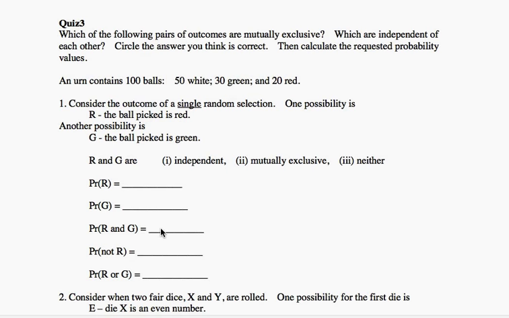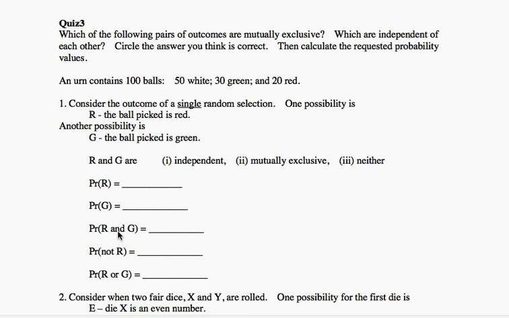R and G. Now let's think this through. Remember, and goes with multiplication, which goes in terms with independence. You can only multiply if they're independent. Well, are they independent? Is there any memory of G occurring once? Well, you'd have to force the definition. This is a tricky one because you actually have to conceptually think about this.